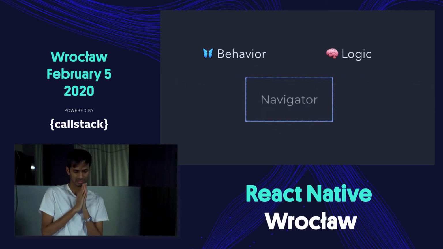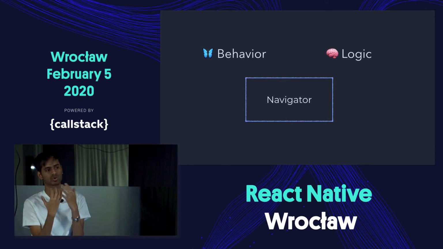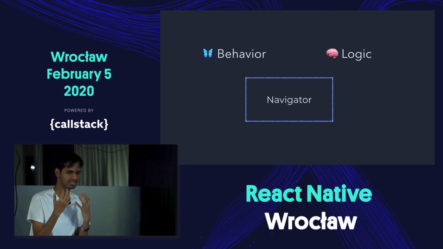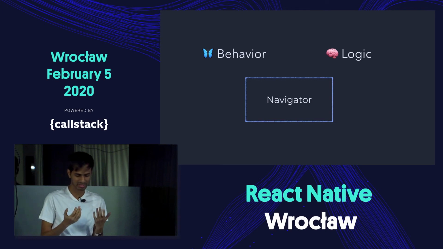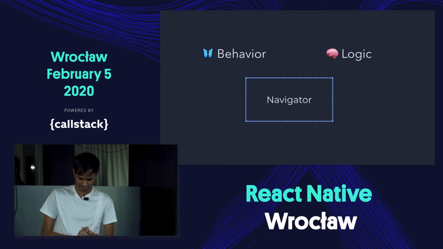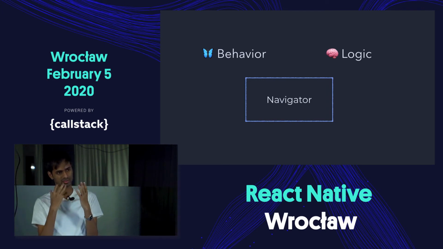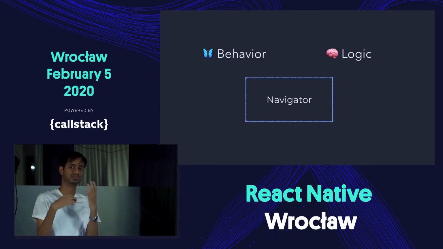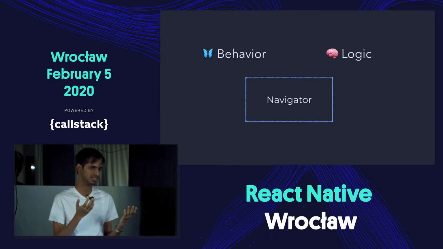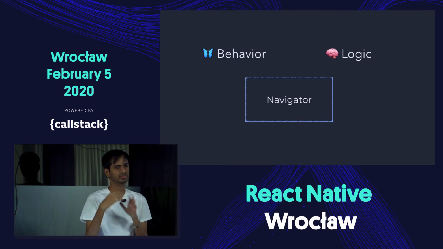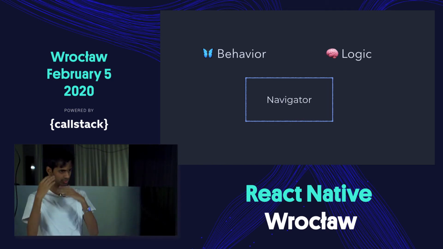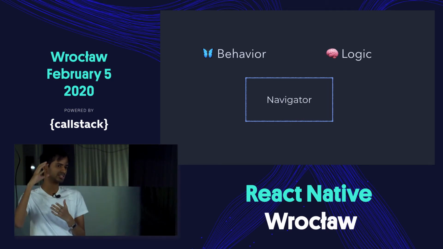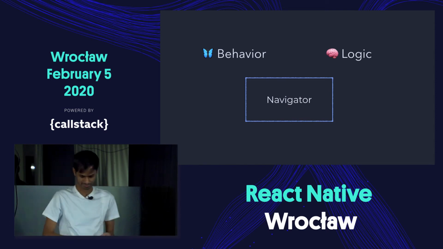In React Navigation, this core logic of managing state is in a package called React Navigation Core. To manage this state, we use a reducer pattern like in Redux. We don't use Redux, but we use a similar pattern. You dispatch actions, and those actions modify the navigation state.